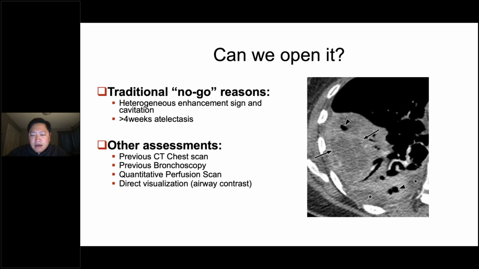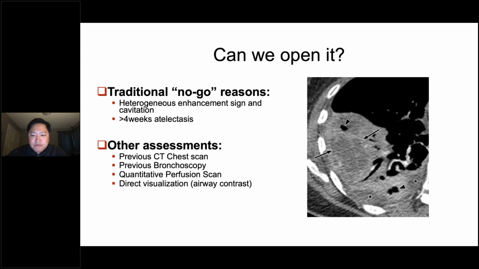And then any atelectasis greater than 4 weeks used to be a traditional bullet point for inability to get patency. Throughout the years, I think these are generally true, but there are cases where sometimes it's not true. We'll talk about how you further assess patients that fall under these categories.